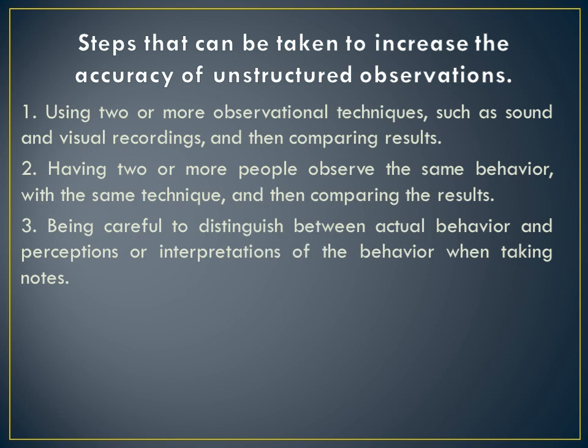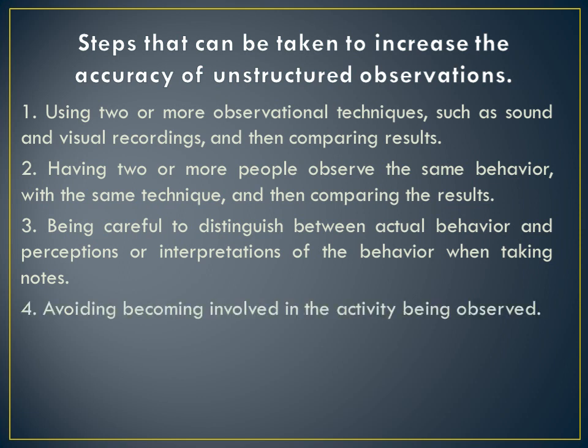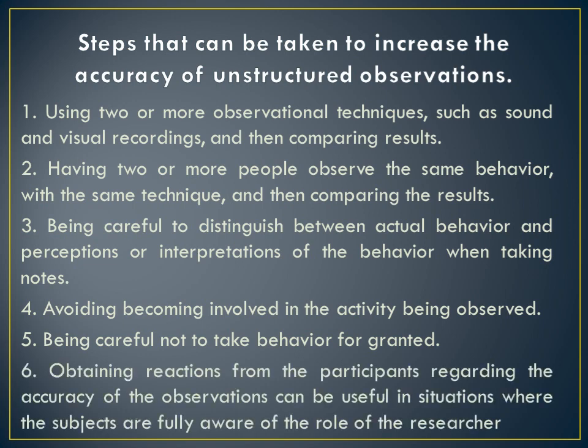Third, being careful to distinguish between actual behavior and perceptions or interpretations of the behavior when taking notes. Fourth, avoiding becoming involved in the activity being observed. And fifth, being careful not to take behavior for granted. Six, obtaining reactions from the participant regarding the accuracy of the observation can be useful in situations where the subjects are fully aware of the role of the observer.